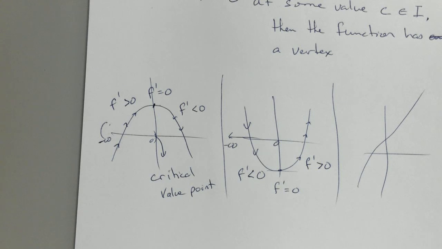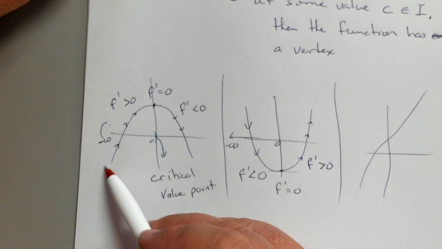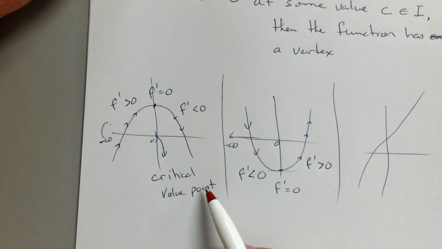Now, in the first example, we have an increasing function, and then a decreasing function. So what do you think that makes our critical value, our vertex? Is it a maximum or a minimum? Yeah, it's a maximum because it's increasing on the left and decreasing on the right, which means it reached the top of the hill.